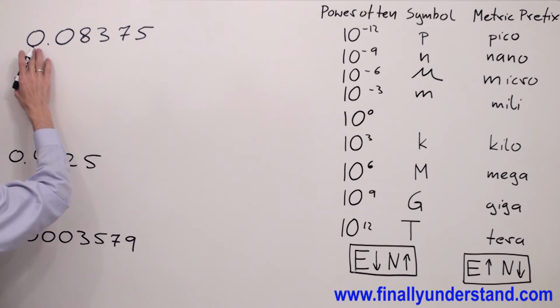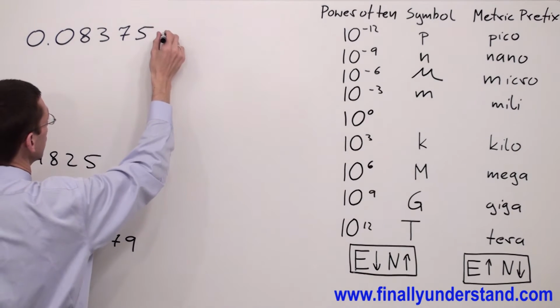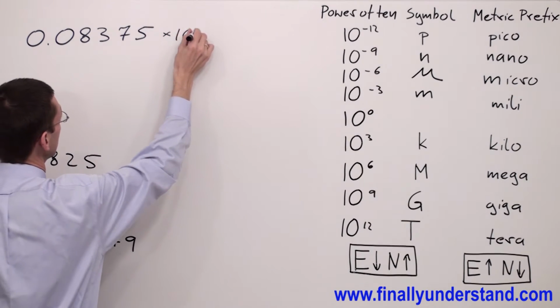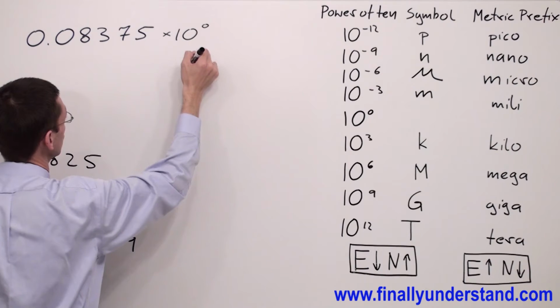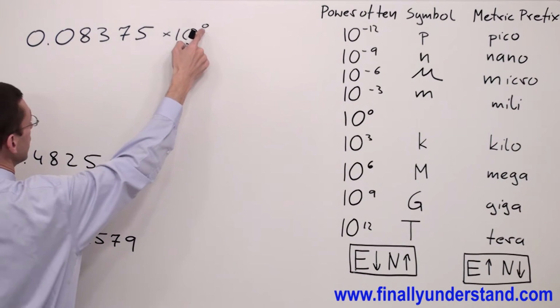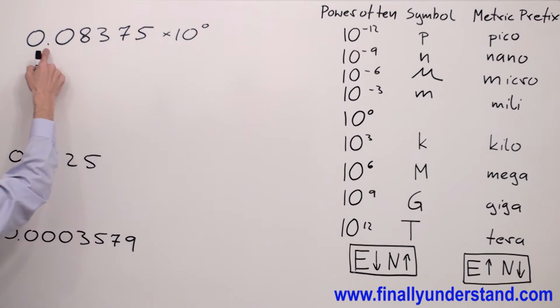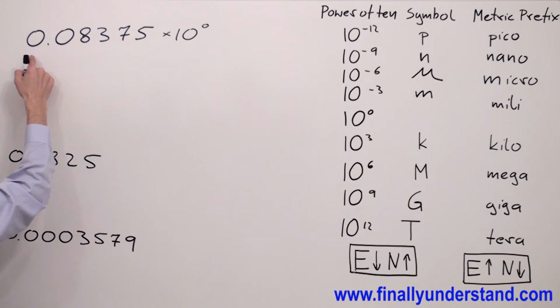Let's take a look at these examples. The number on the left side of the decimal point is less than 1, and I have no power of 10. That's why I'm going to write over here 10 to 0. Now, when I have exponent 0, I have number on the left side lower than 1.